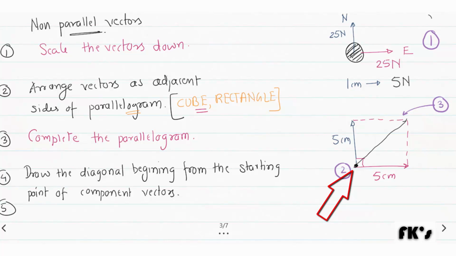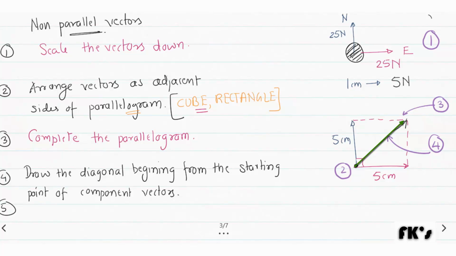So let me precisely draw that particular diagonal. It starts from here, goes up to the other end. That's my diagonal, and that also happens to be the fourth step of my construction. This line, the diagonal that you drew, is called the resultant vector. So 5 centimeters on the north side and 5 centimeters on the east side will give you a resultant force acting somewhere in the northeast. The basic thing is the diagonal is the resultant vector.